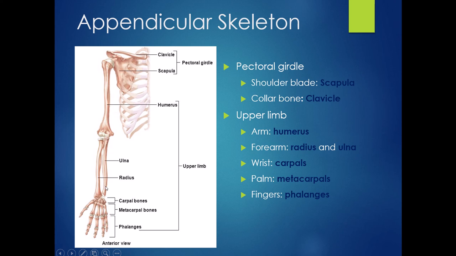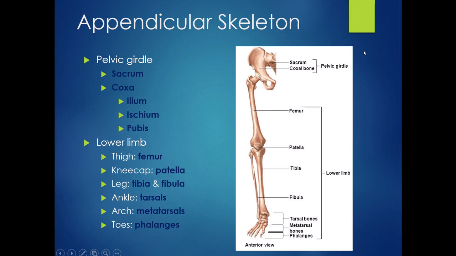The forearm from the elbow down to the wrist has 2 bones, the more medial ulna and the more lateral radius, and then you have 8 carpals, 5 metacarpals. So the carpals make up the wrist, the metacarpals make up kind of the palm of the hand, and then you have 14 phalanges that make up your fingers.